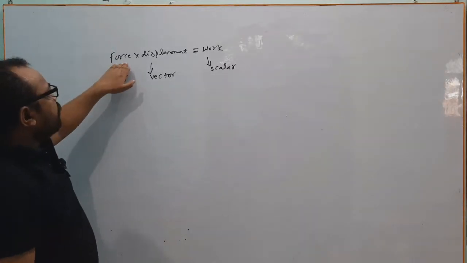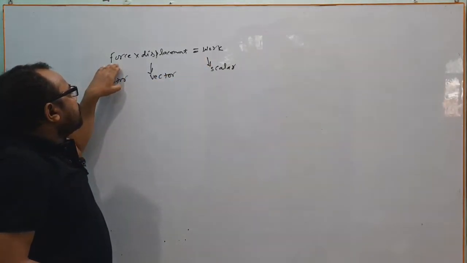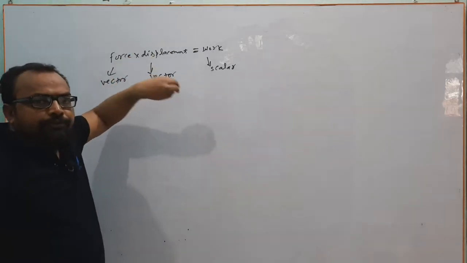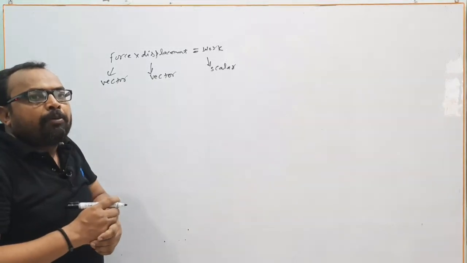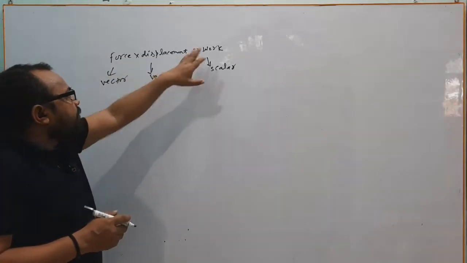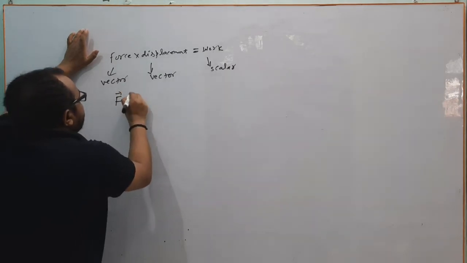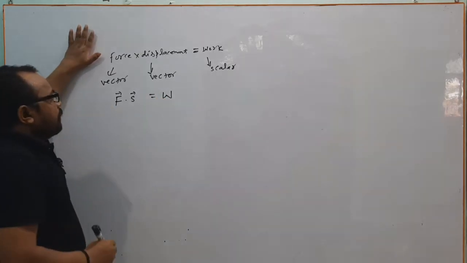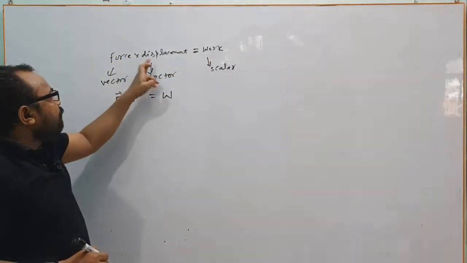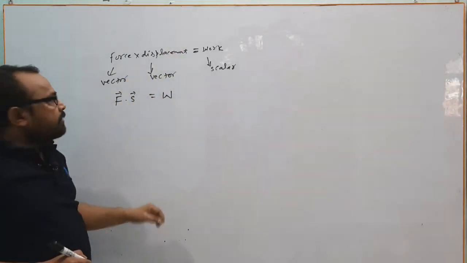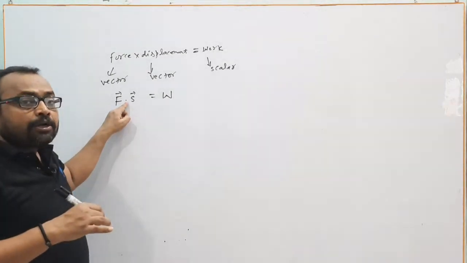So force is vector, displacement is vector and work is a scalar. So students, if the product of two vectors is a scalar, then if we write this in the form of vector notations, in the form of symbols of these physical quantities, we can write F dot S is equal to W. It means if the product of two vectors is a scalar, then the multiplication sign is denoted by dot and it is read as dot product.